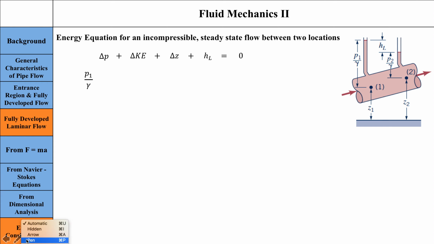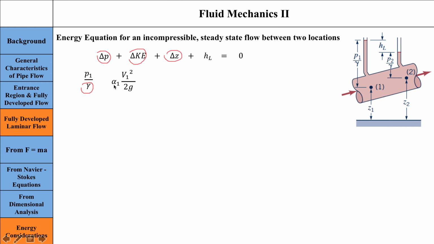Okay, by specific weight. And all I'm doing right now is just spreading out this term, this one, and this one. And let's see what our energy equation is going to look like. So we're expanding the pressure term right now, and then we're expanding the kinetic energy term.